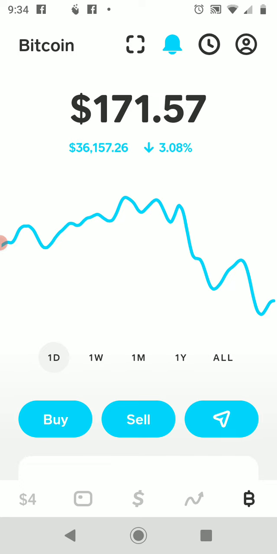It's that simple. The interface of Cash App is so easy. A third grader could understand it. That's one thing I love about it.